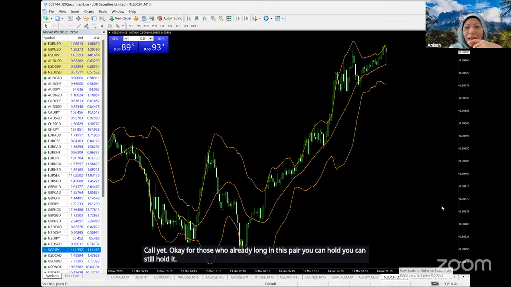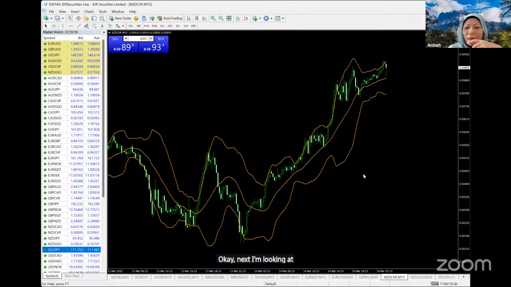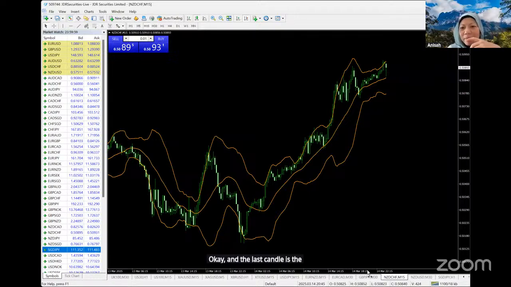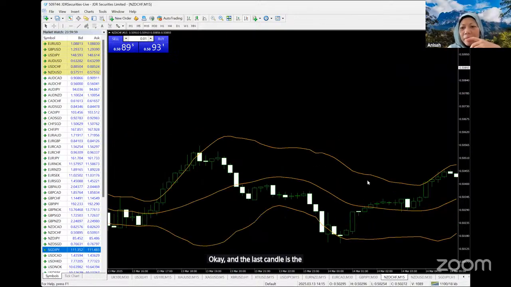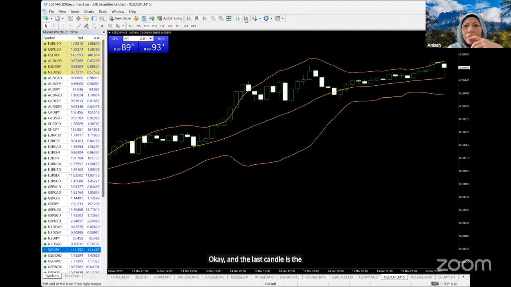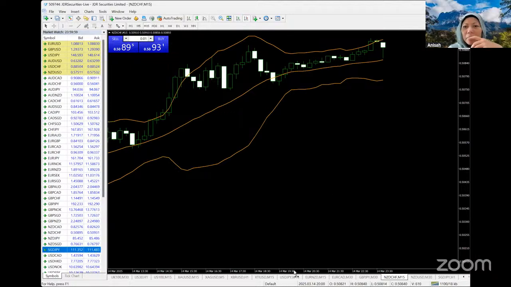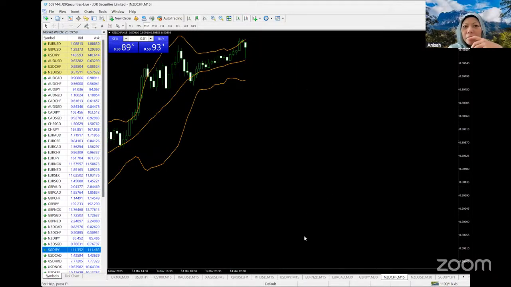Next I'm looking at Kiwi Swiss. Kiwi Swiss trend structure is intact. The trend has gone up very steep, but it mellowed a little bit. And the last candle is a doji.